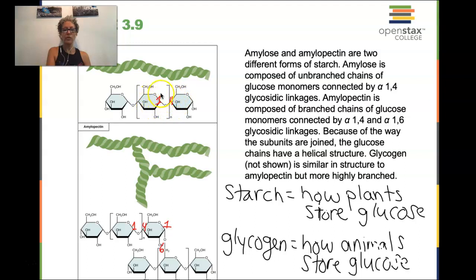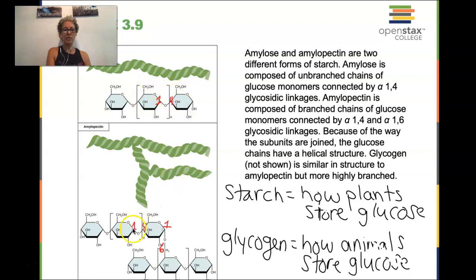So from the first carbon of one glucose molecule to the fourth carbon of the neighboring one that's being added to the polymer, that is an alpha, because it's alpha glucose, 1,4. There aren't 14 linkages. It's because the first carbon and the fourth carbon are being joined in that glycosidic bond.